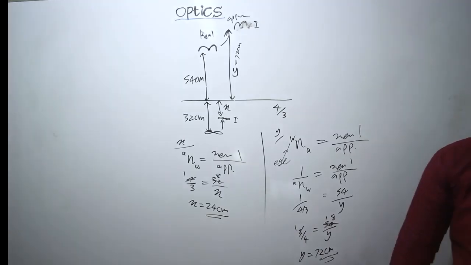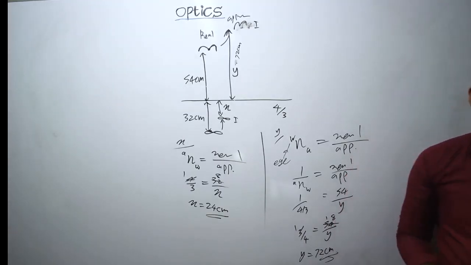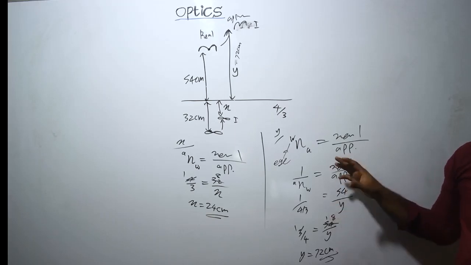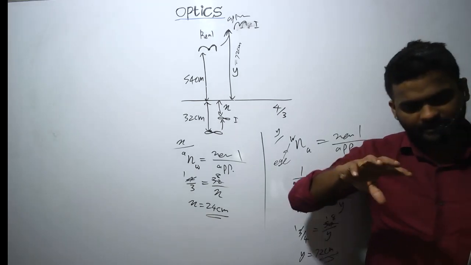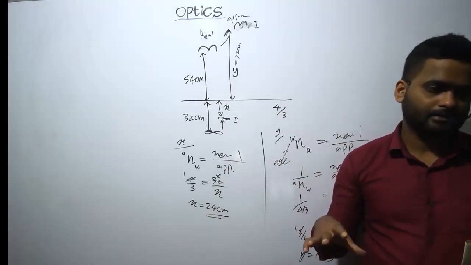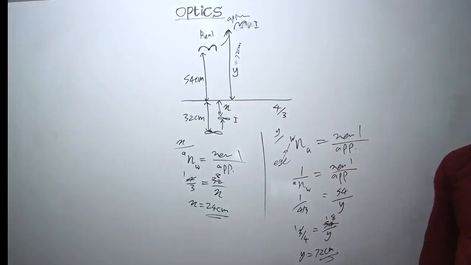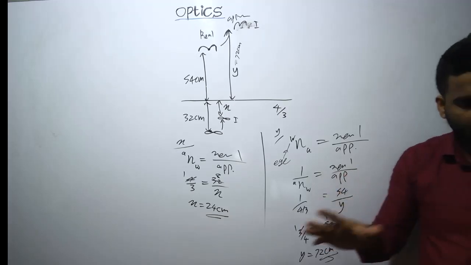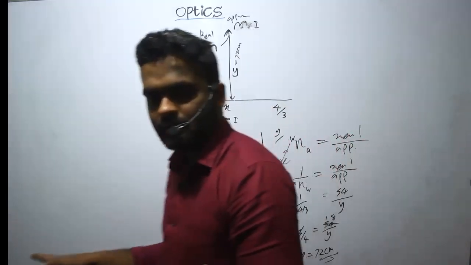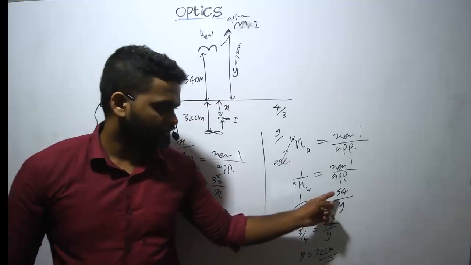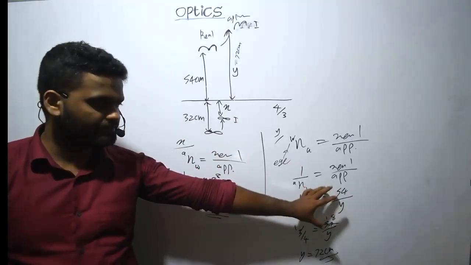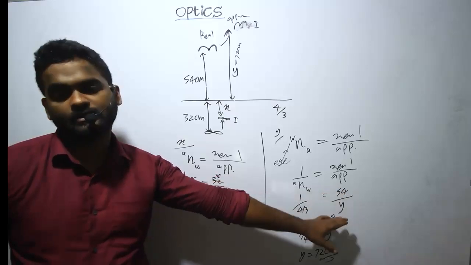Take it down. If you don't understand, tell me. The thing is, you have to understand whether to write it at the numerator or denominator. The remaining is easy. If you mix that up, then you will get a completely different answer. You have to make your own way to identify whether to write it at the denominator or numerator.